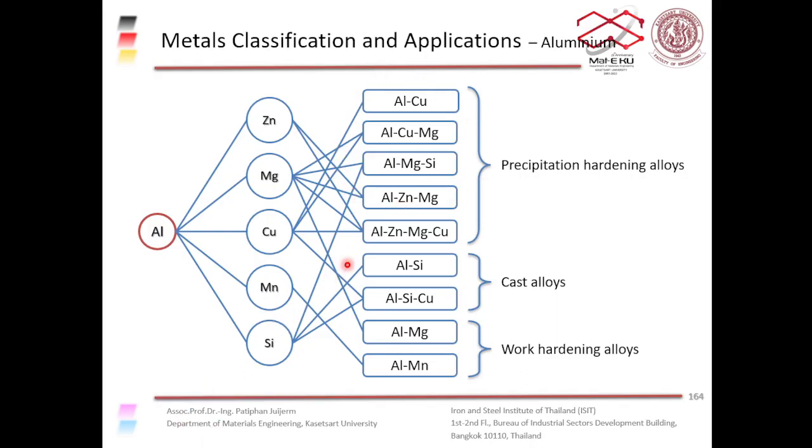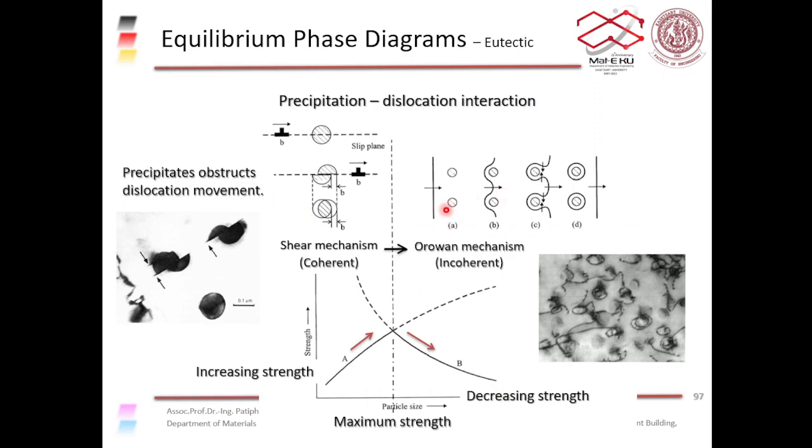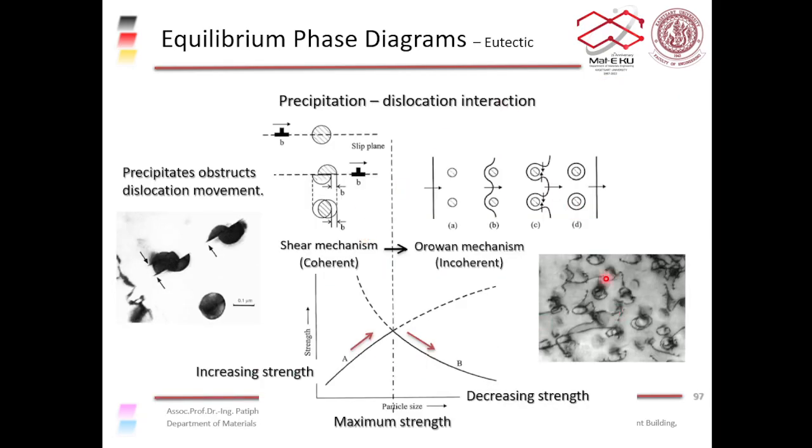You've seen this sort of precipitate in the phase diagram section. You can form small precipitates like this, and the precipitates can increase the strength of our alloys. We'll discuss more on precipitation strengthening after the midterm.